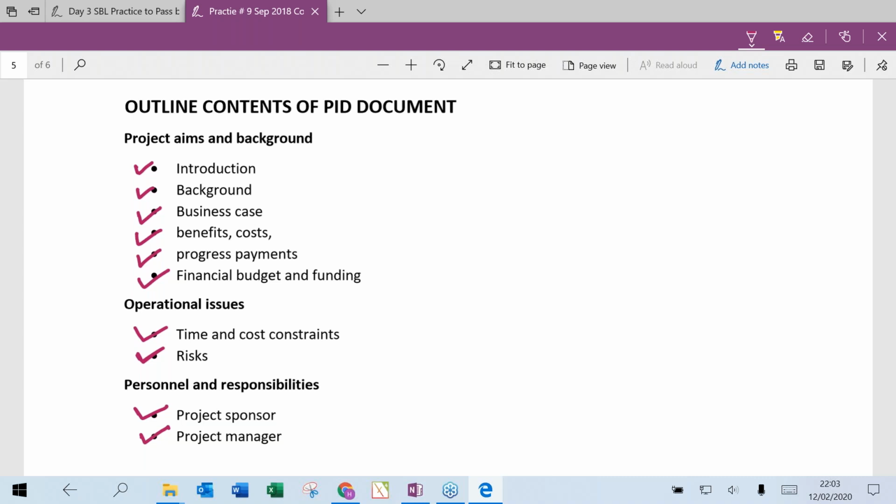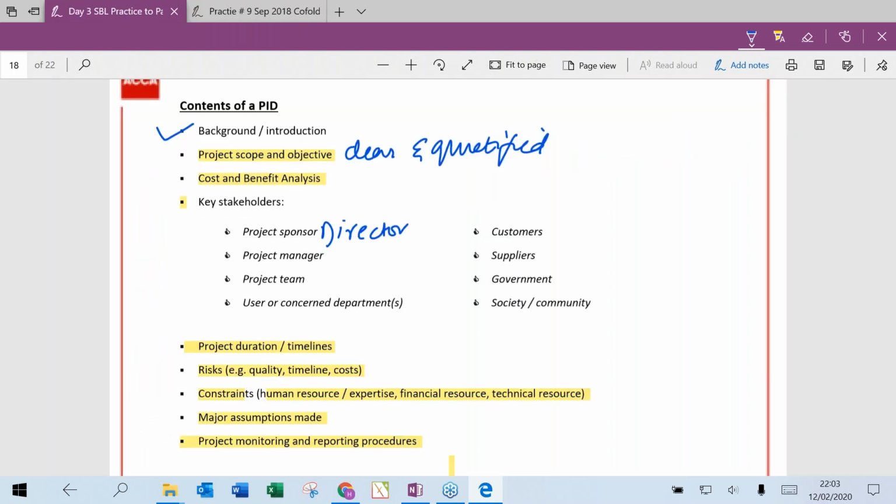I can see the word business case, but I would like to see specifically the project scope and objective. This is something which is very crucial, and I want to see a crisp heading exactly saying scope and objective. So this is something which I think is missing. It's not there. Cost and benefit, I think he has done that.